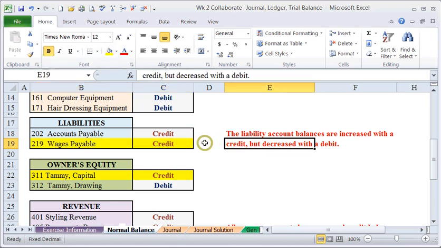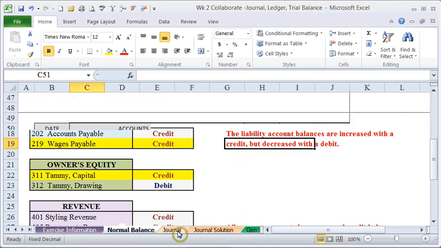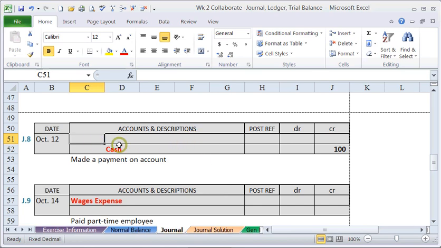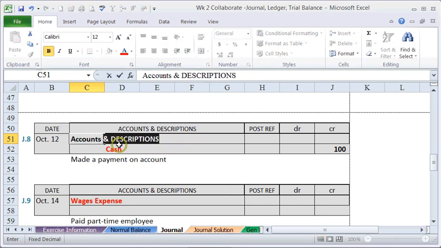So if we were to increase the balance in accounts payable, we would record a credit. Instead, we want to reduce the balance. We want to show that he owes less. So we're going to reduce it with a debit for the same amount, $100.